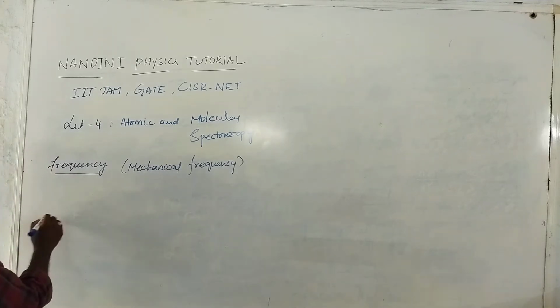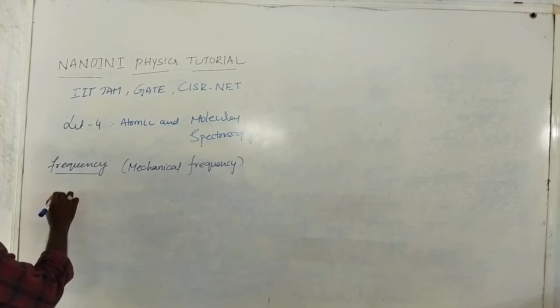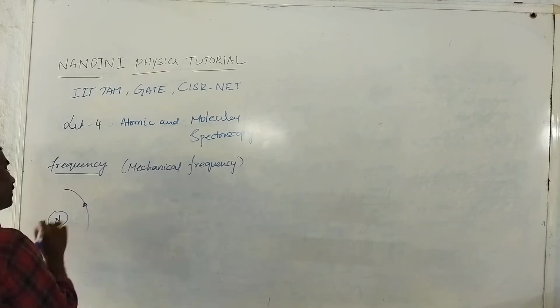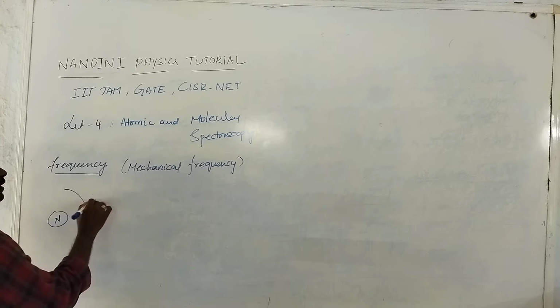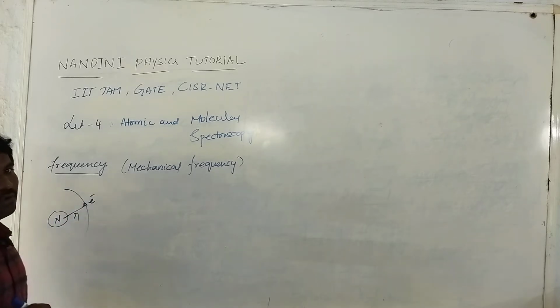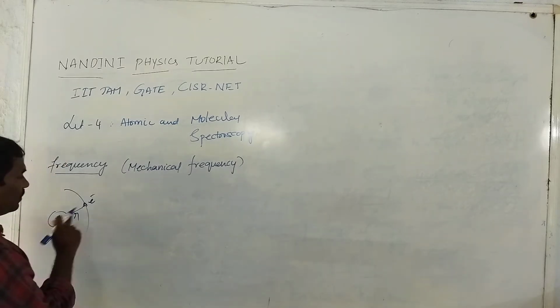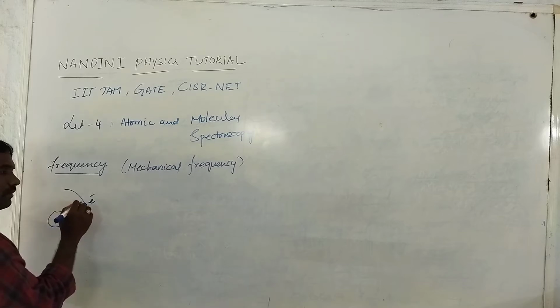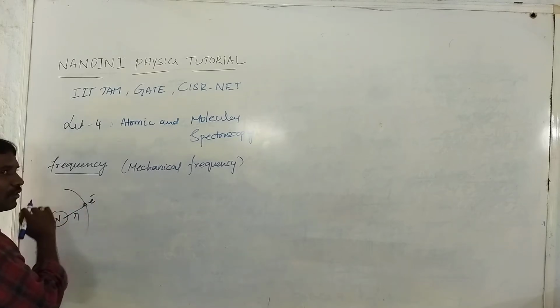See here, this is the nucleus, and around this nucleus the electron is revolving at a distance r. Then I want to find out the frequency. What is the frequency formula? Because here the electron has linear velocity as well as angular velocity.